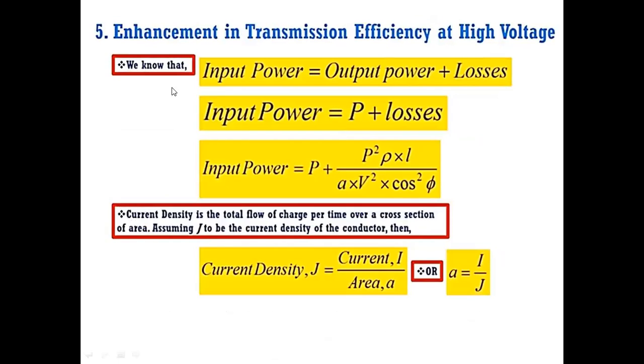The fifth point is enhancement in transmission efficiency at high voltage. As we know that input power is equal to output power plus losses. Consider output power is equal to P. So the input power is equal to P plus losses.